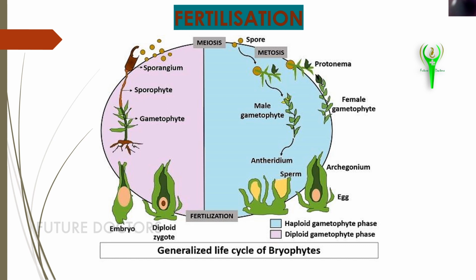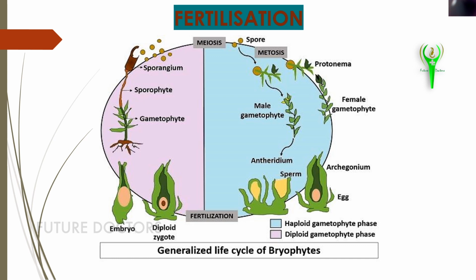Fertilization occurs inside the archegonium. The egg secretes a chemical which attracts the spermatozoid. Sperm requires a thin film of water for swimming and reaching the archegonium. One sperm fuses with the egg and produces a diploid zygote. Zygotes do not undergo reduction division immediately.